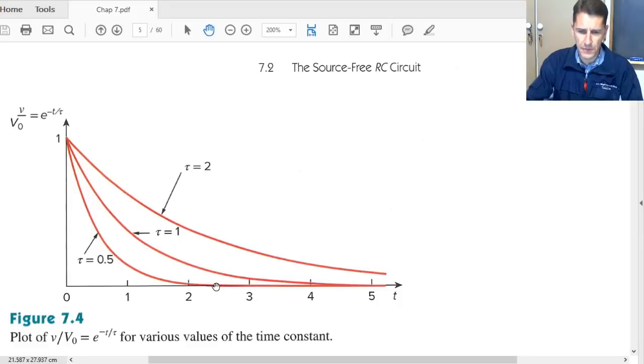For 0.5, it takes 2.5. And this one's probably going to take you t equals 10 to completely discharge. So the smaller you make your tau value, in other words, smaller capacitor or smaller resistor value, you're going to discharge your capacitor faster. Okay.